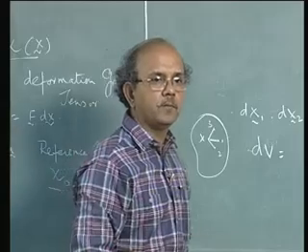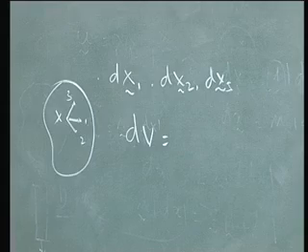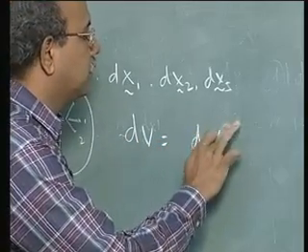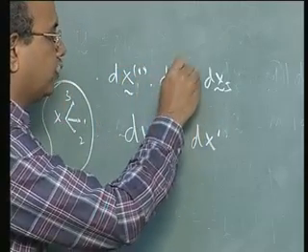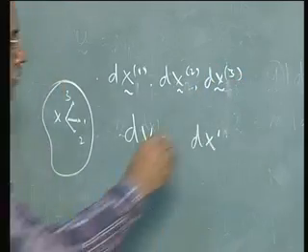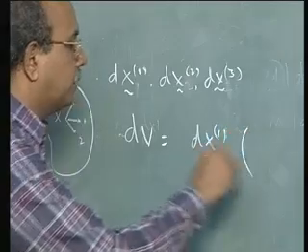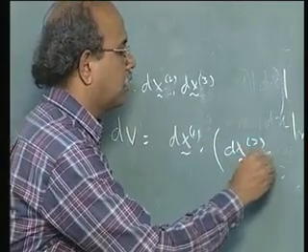So dV, from our good old calculus or vector analysis, we know to be, let me put this 1 here so that you don't get confused with the indices, dX1 dot dX2 cross dX3.